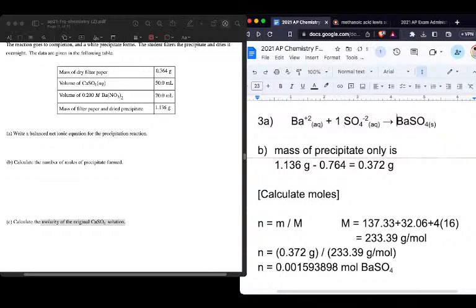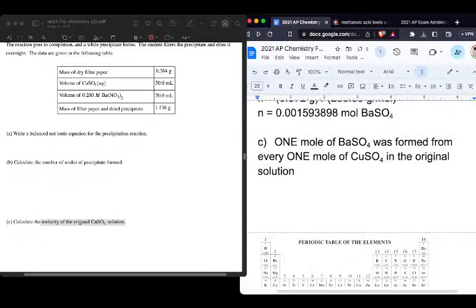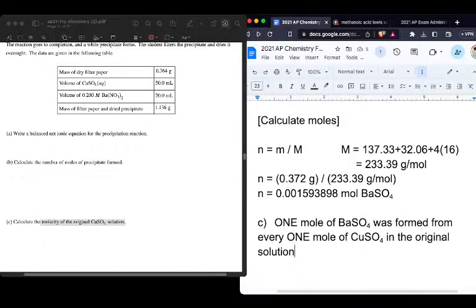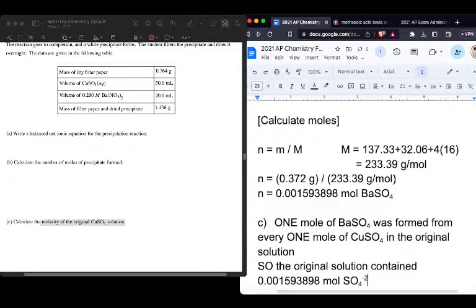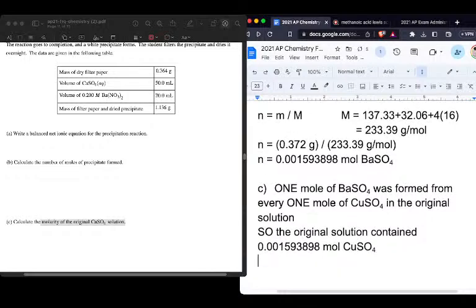You only need a single sulfate to make a barium sulfate formula unit. So the original solution contained 0.001593898 moles of SO4²⁻. And specifically, CuSO4 as well, because you only need 1 sulfate for each of those.